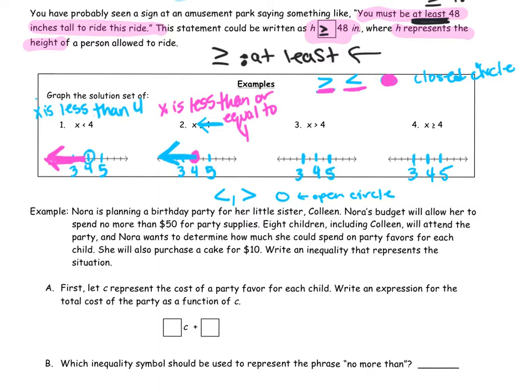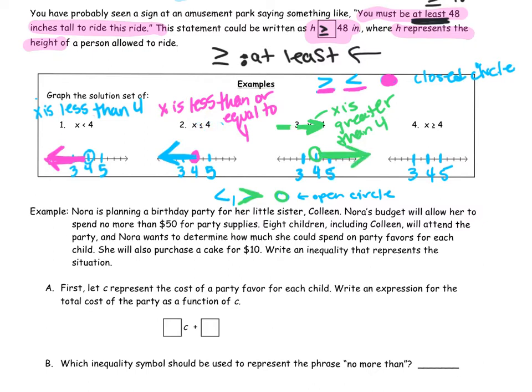Okay, so now for question 3, we have x is greater than 4. Because it's greater than, we have the open circle at 4. And now this arrowhead is pointing to the right. So I'm going to shade to the right. Alrighty.